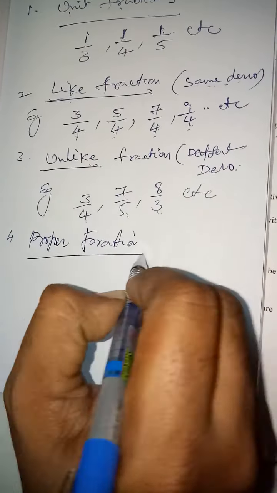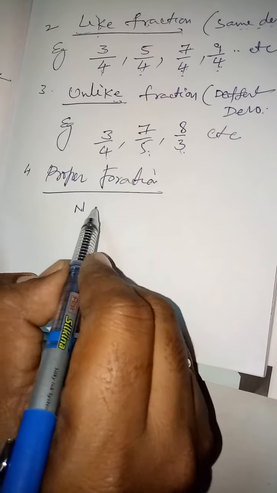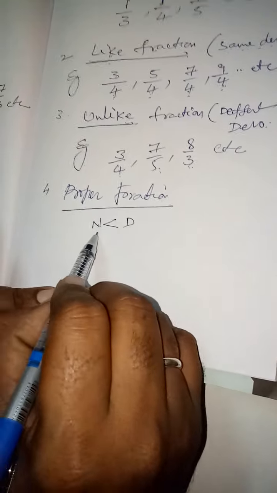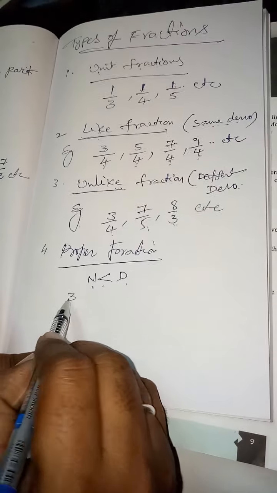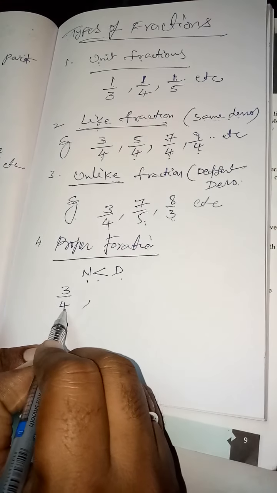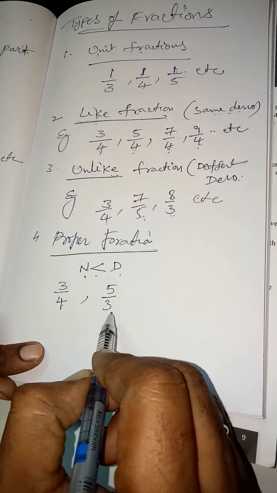Next is the proper fraction. In a proper fraction, the numerator is always less than the denominator. For example, 3 by 4: the numerator is less than the denominator. What about 5 by 3?